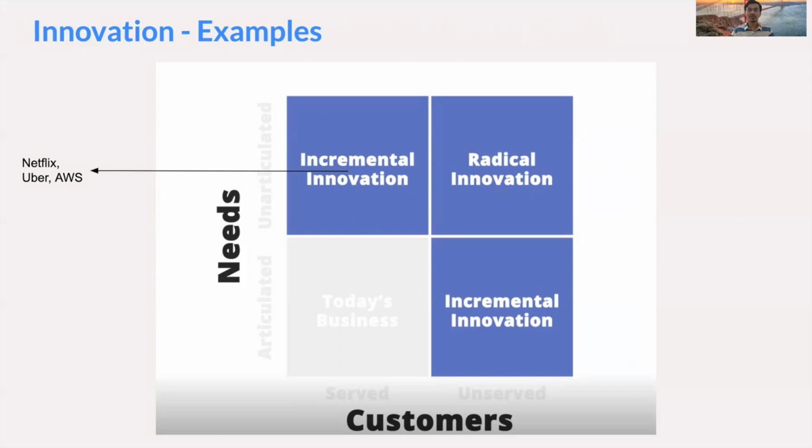So both these examples are of incremental innovation where the customer needs were already being served, but the needs were not articulated by the customers, and no one was thinking about it. Similarly, when Uber came, there was already taxi service present in the USA. People wanted to go from place A to place B.